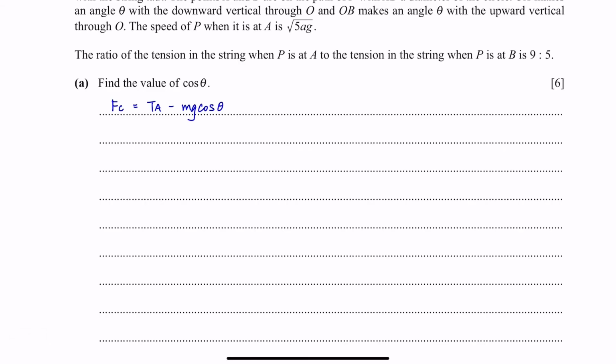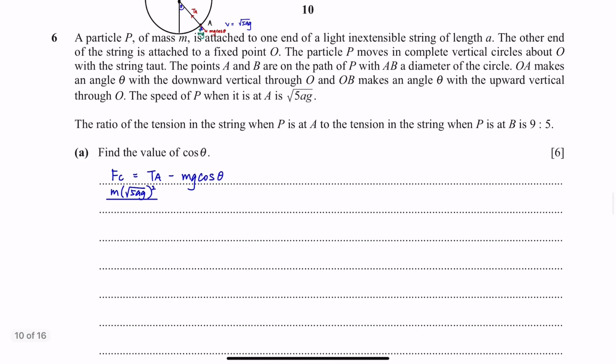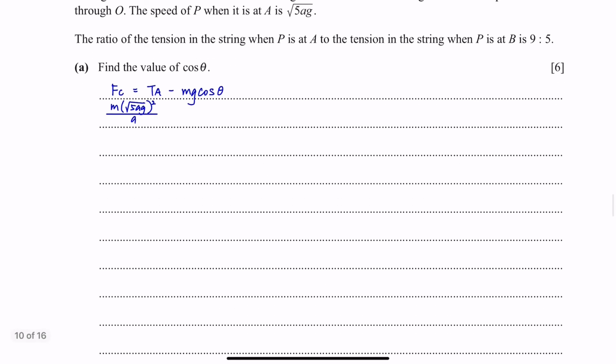And the formula for centripetal force is mv squared over r. So mv squared would be m times 5ag squared over r, which is the length of the string, a. And TA is just TA, this is the one that we have to find, minus mg cos theta.